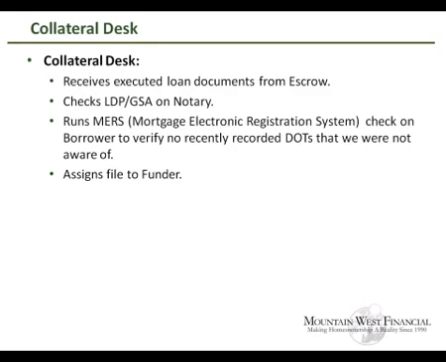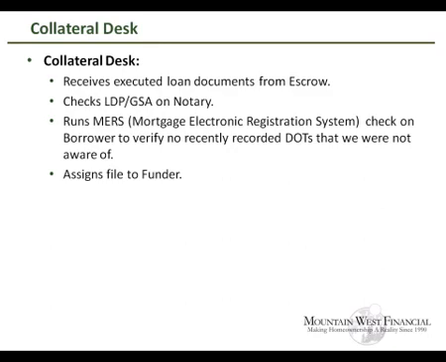There have been some times where the borrower is obtaining a second loan on a different property concurrently with our current loan, and they don't think that we're going to find out about it until after the loan transaction is completed.